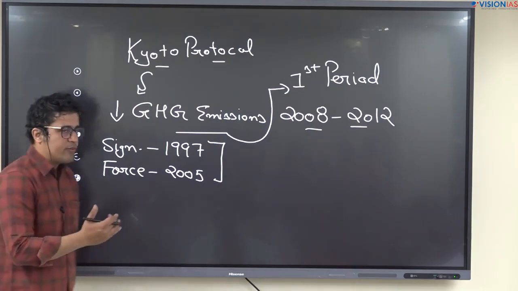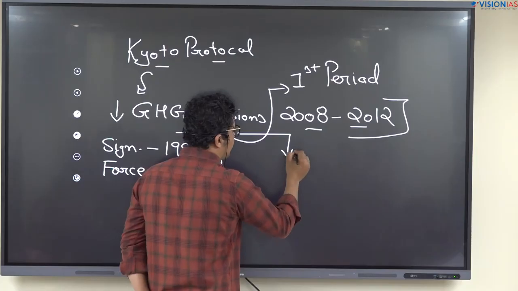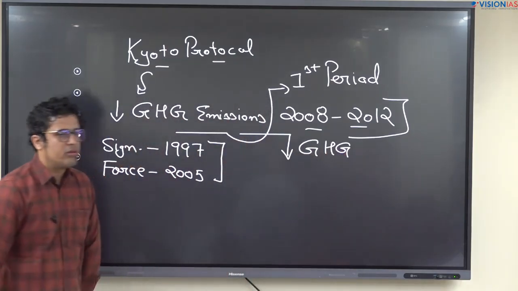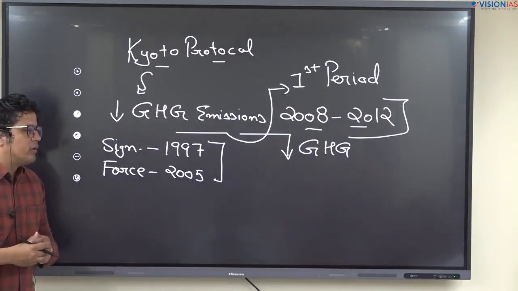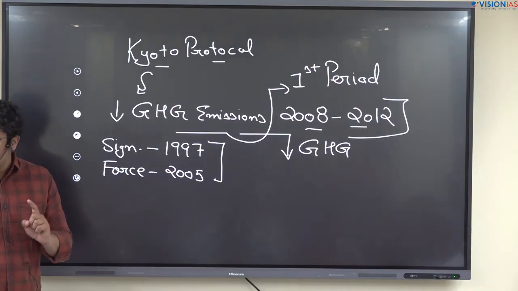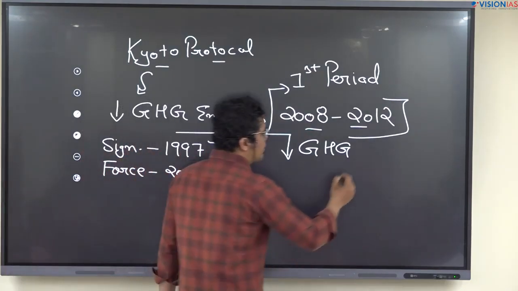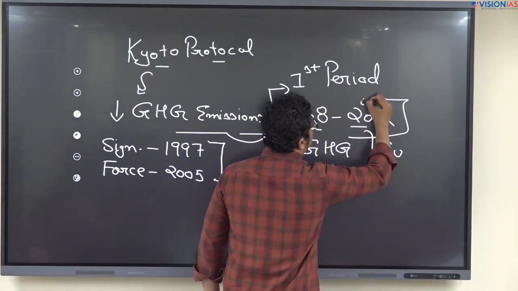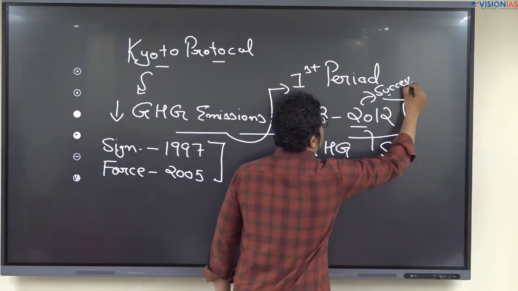During these 5 years, it was observed that greenhouse gas emissions all over the world came down. This was the result of this first period: countries actually reduced their greenhouse gas emissions. So this first commitment period was considered a success.